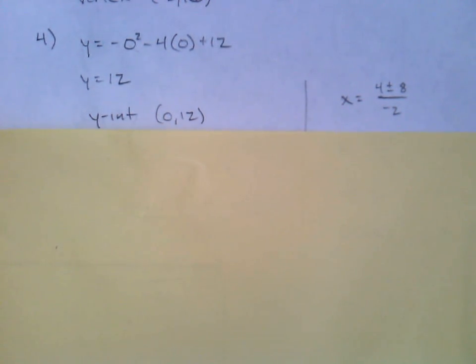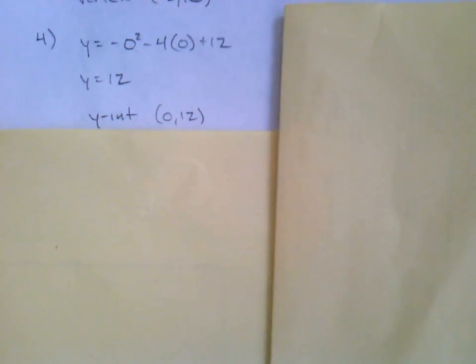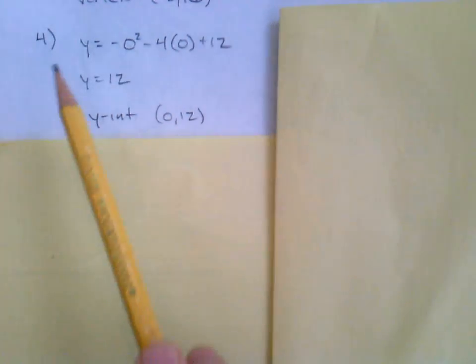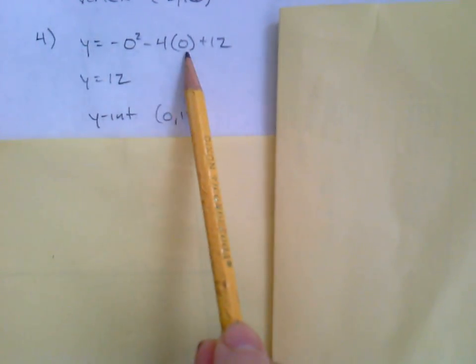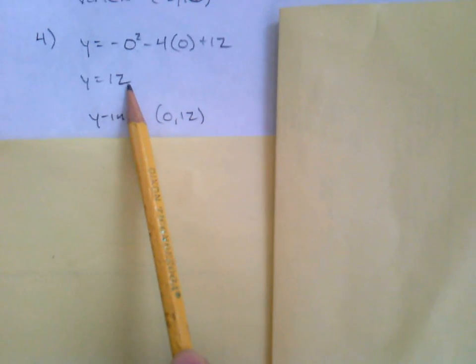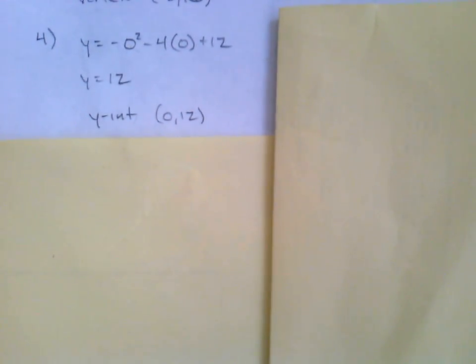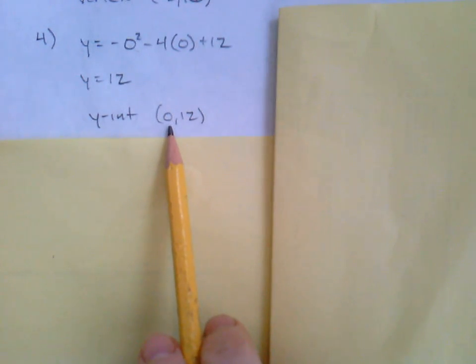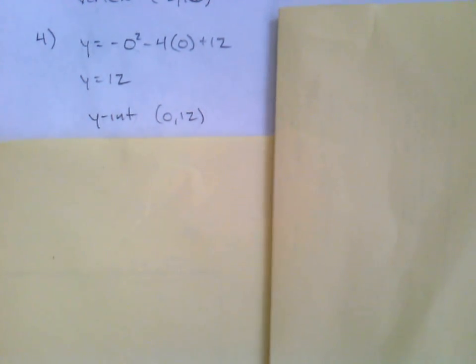We're not ready for this part yet, let me cover that up. Okay, so we're plugging in 0, calling it y equals, putting in 0 for the x's, and y equals 12. So our y-intercept is the point 0 for x and 12 for y, (0, 12). That'll come in handy when we go to graph.